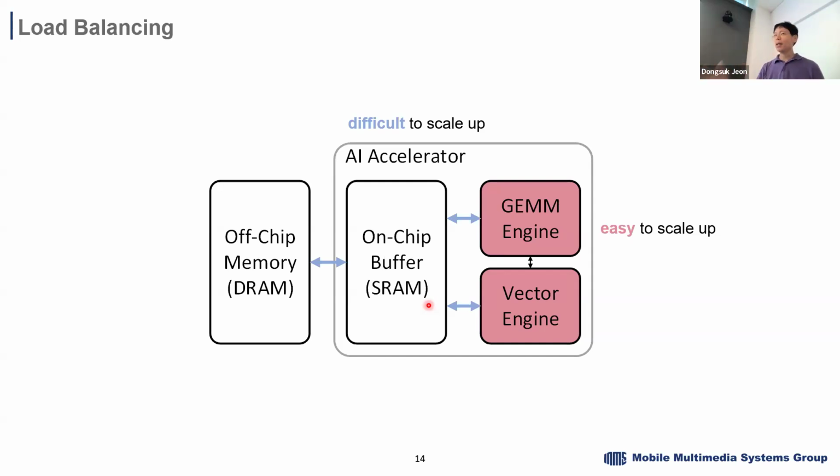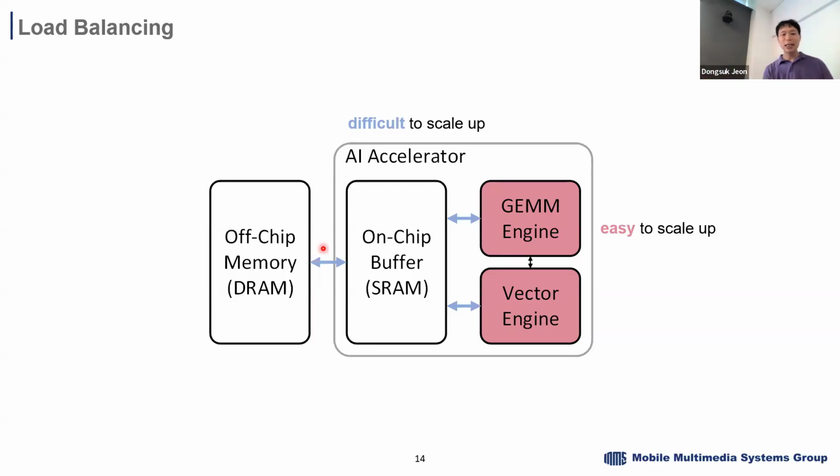So people are always trying to increase the bandwidth, either on this side or on this side too. That's why state-of-the-art GPUs are using HBM, high bandwidth memory, because it provides much higher bandwidth compared to conventional DRAMs. It's way more expensive, but it's worth it because it can provide much higher bandwidth on that side.